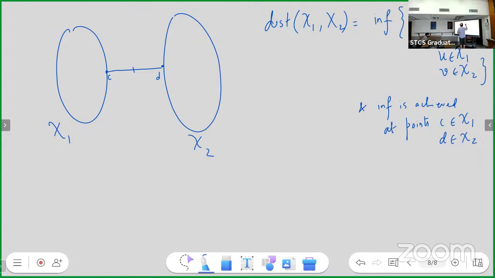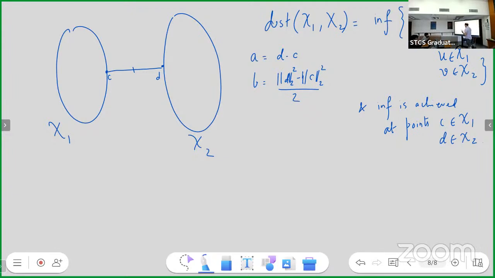So think of defining A equal to D minus C and B equal to the square minus C. Well constructed.